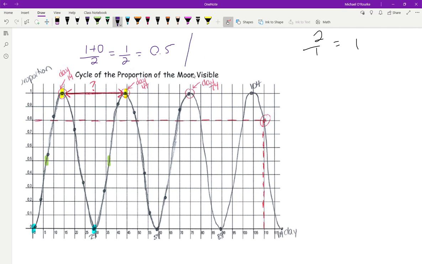Now, our amplitude. One thing I didn't add on there: amplitude is always positive. We could have an axis of the curve that's negative, but our amplitude is always positive. It is our max minus our min divided by 2.